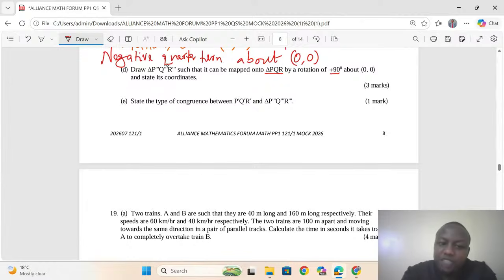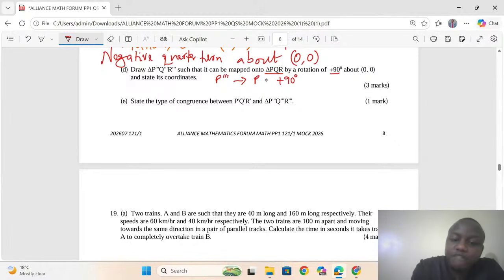Now, if this third one can be mapped onto the first one through positive 90, then it means P triple prime can be mapped onto P using positive 90.